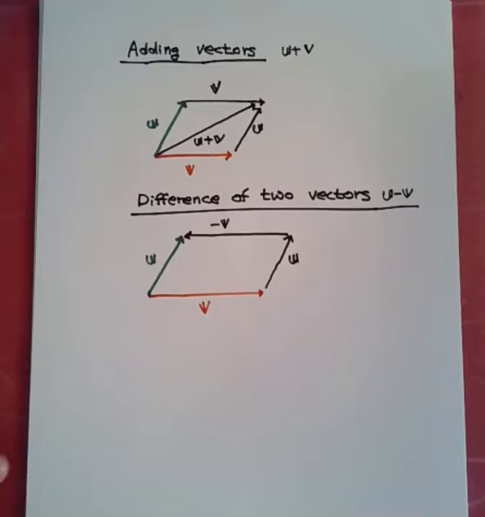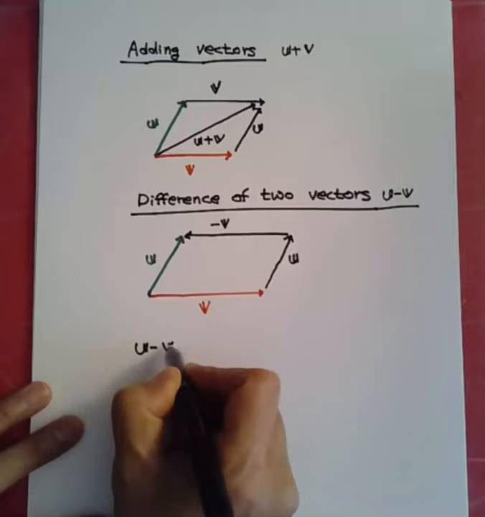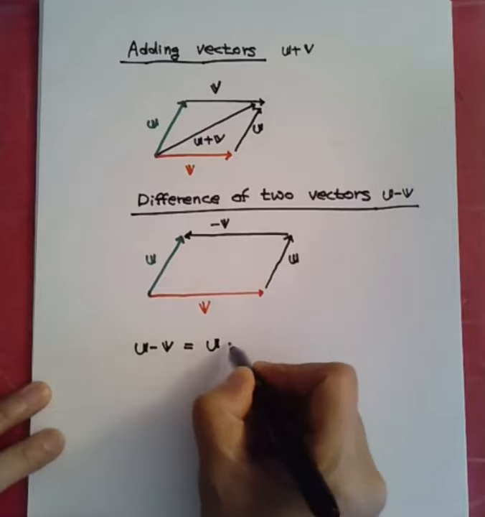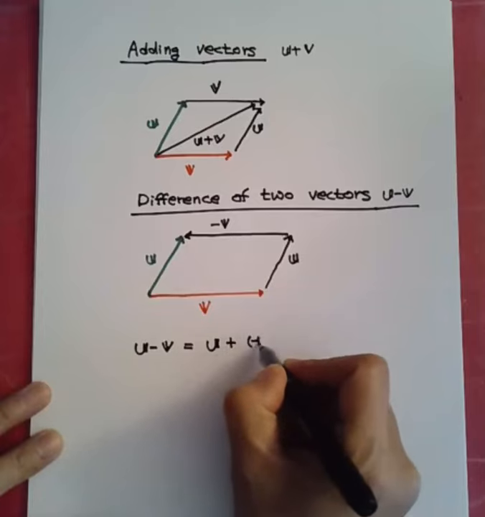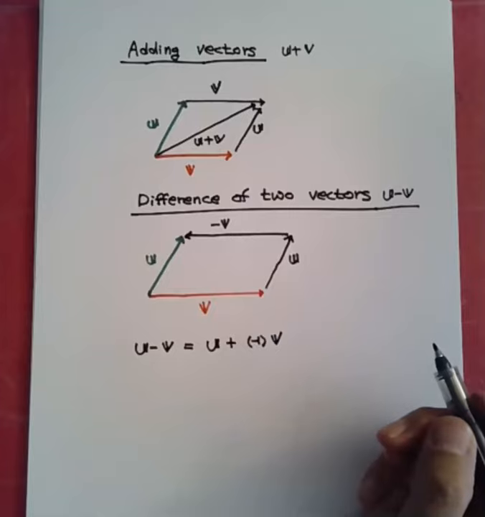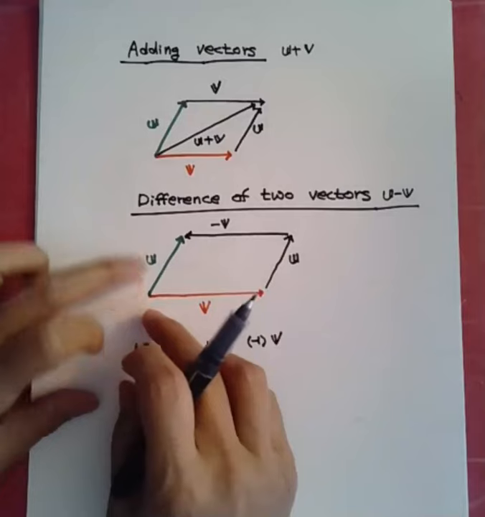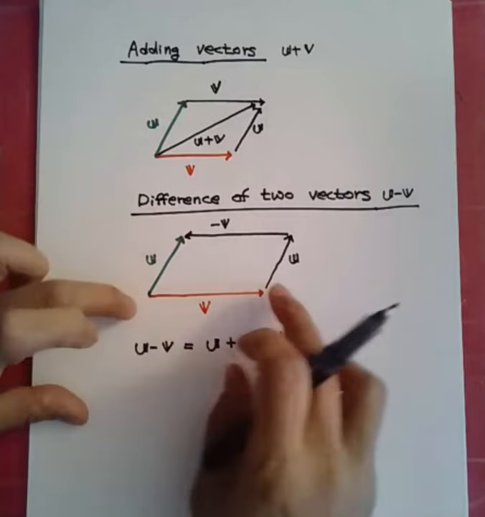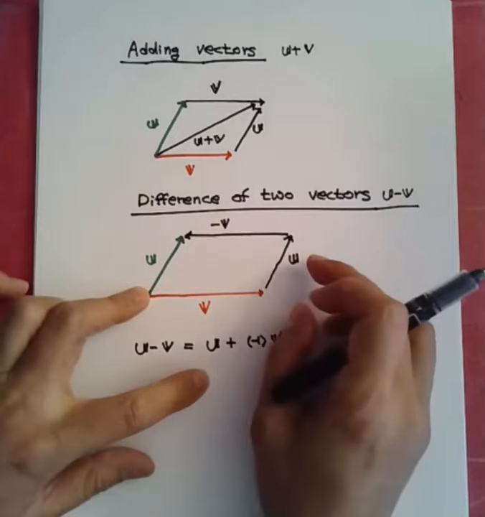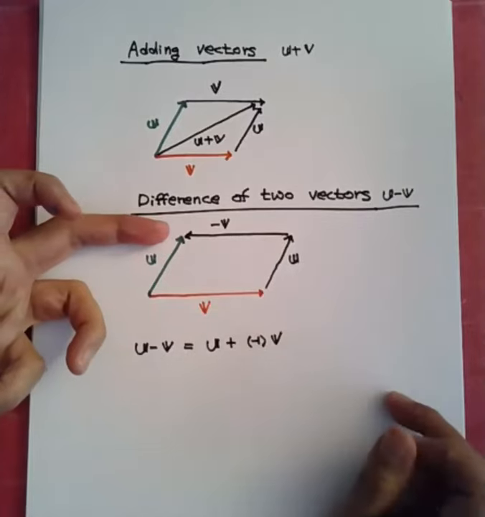We want to consider the difference of two vectors, u minus v. Then we can consider this as u plus -1 times v. So indeed, we have the vector u and vector v, and u stays the same, but for v, we consider adding the two vectors u and -v.